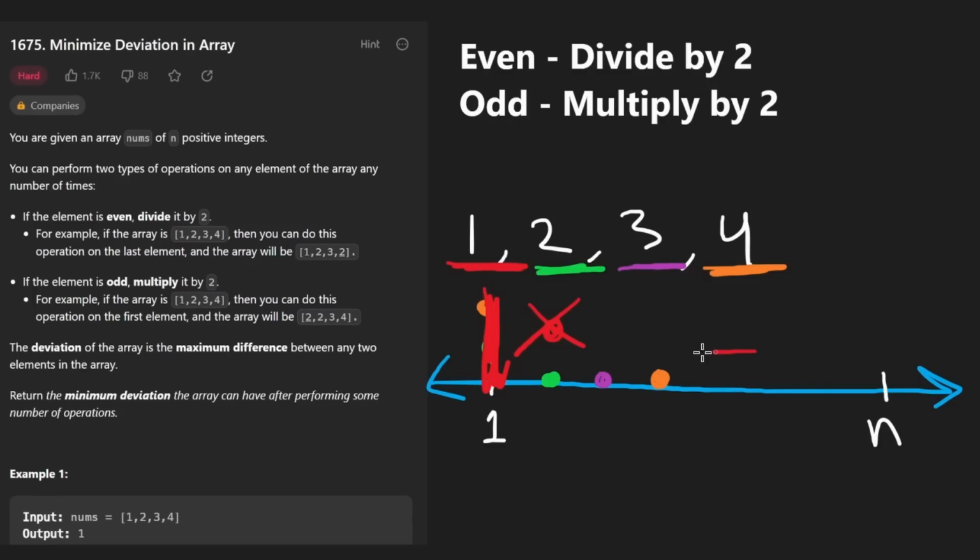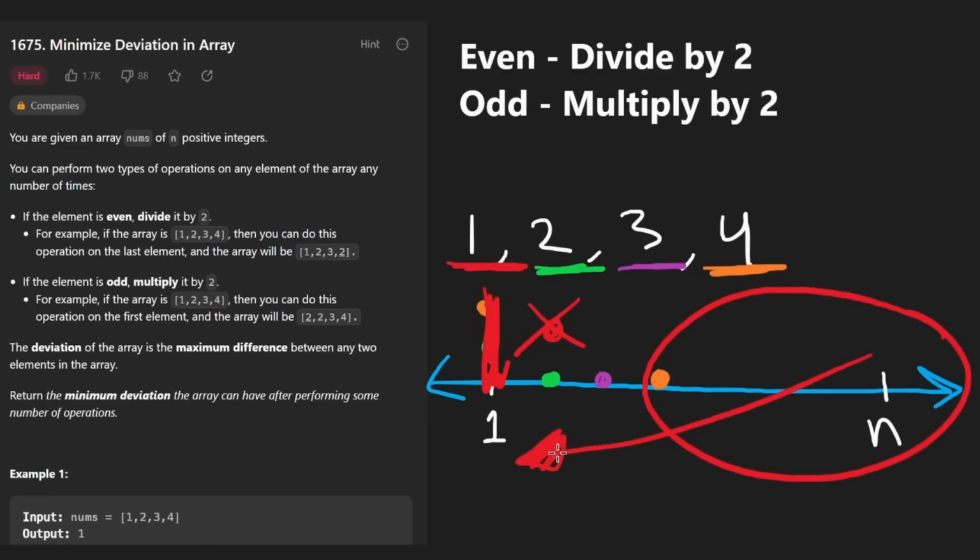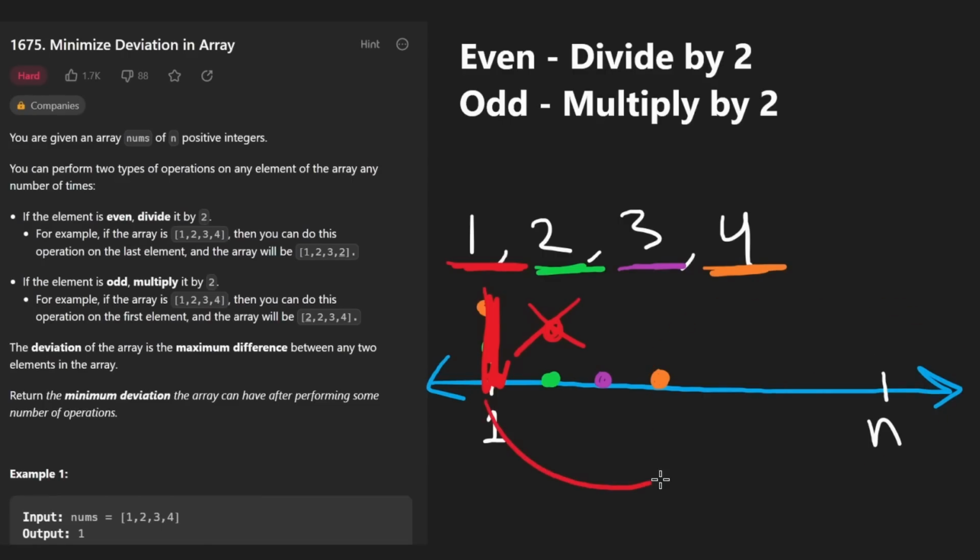But is it possible we're going to miss a solution because we're stopping too early? Definitely not, because remember, we took all our values, pushed them as far left as we could, and now we're trying to push them to the right by prioritizing the minimum values, and we found a minimum value we can't push to the right anymore. Maybe we can keep pushing these guys, but this one is stuck over here.